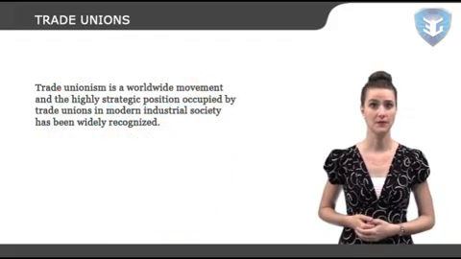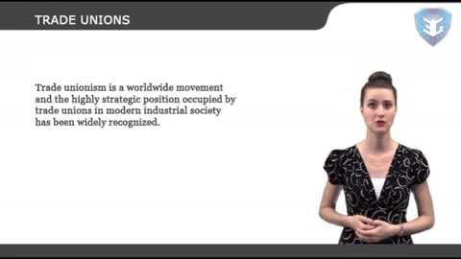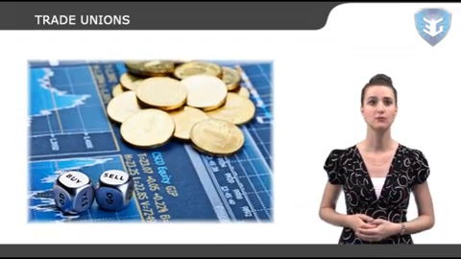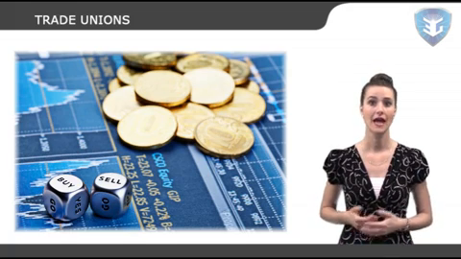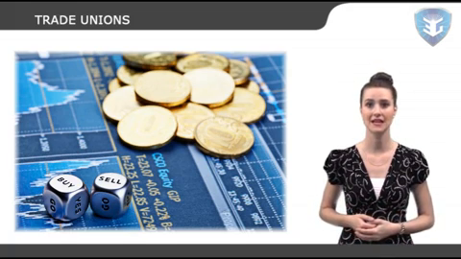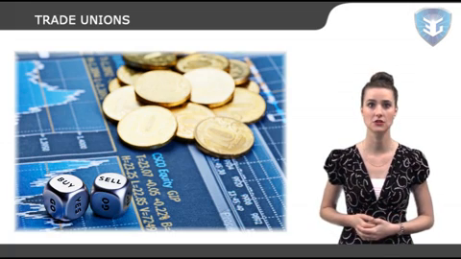Trade unionism is a worldwide movement, and the highly strategic position occupied by trade unions in modern industrial society has been widely recognized. In most cases, employees' associations or trade unions seem to have emerged as protest movements against the working relationships and conditions created by industrialization.